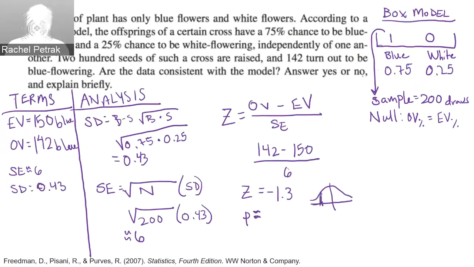And this is the proportion we're interested in when we get the p-value. So we go to a z of 1.3. We know that the area beyond z is whatever this proportion is here. In this case, it's 10%.